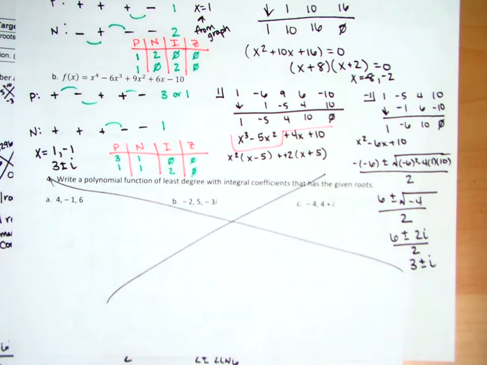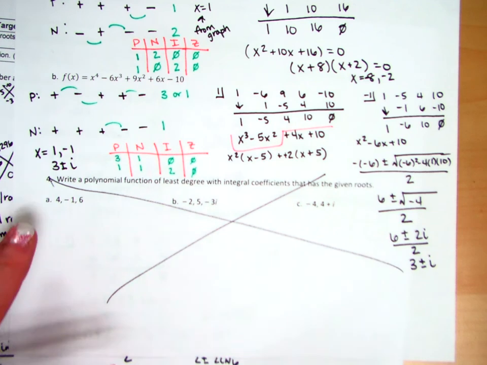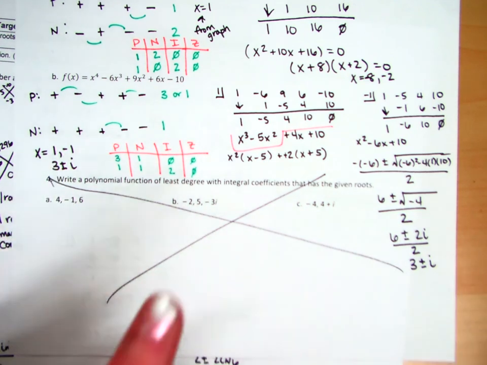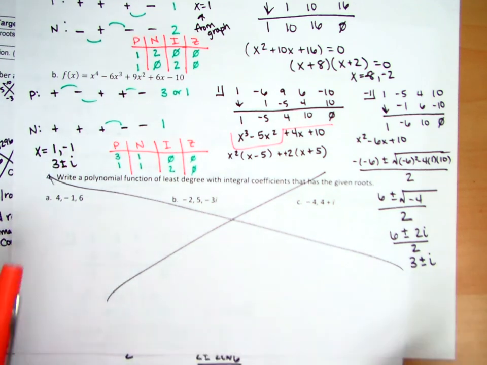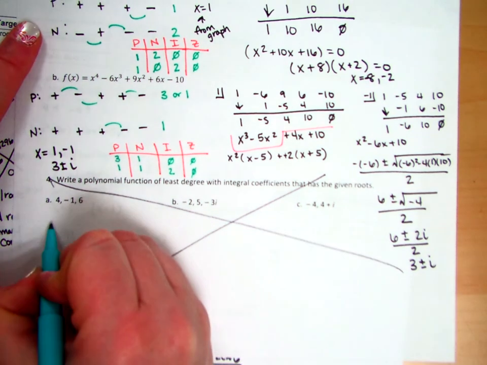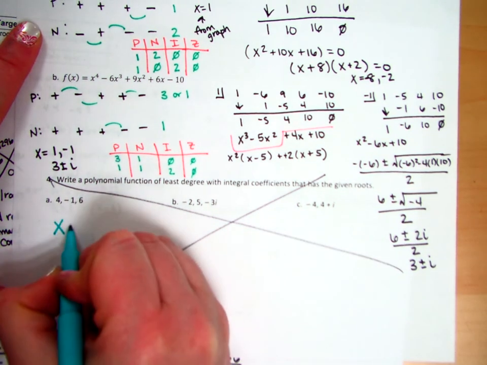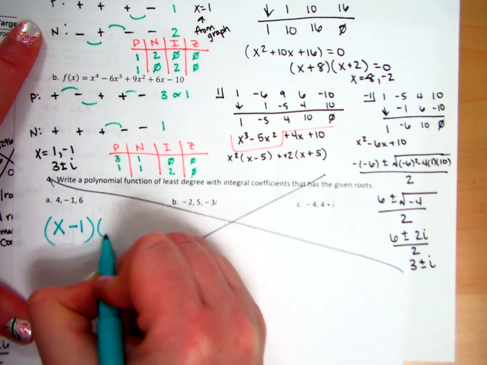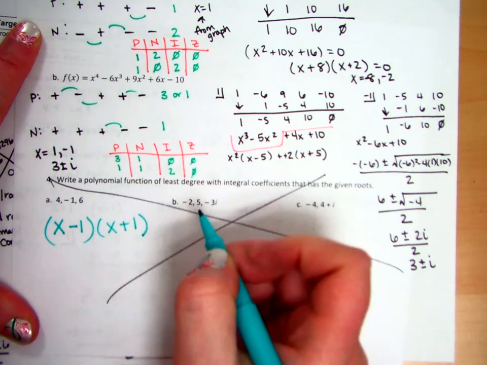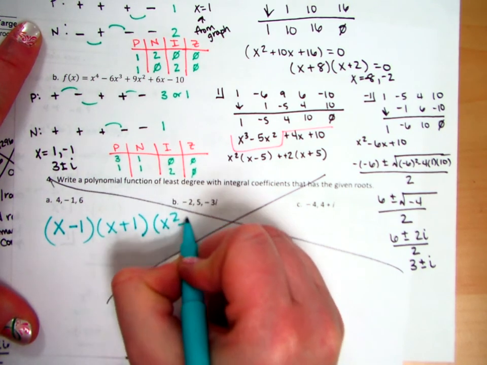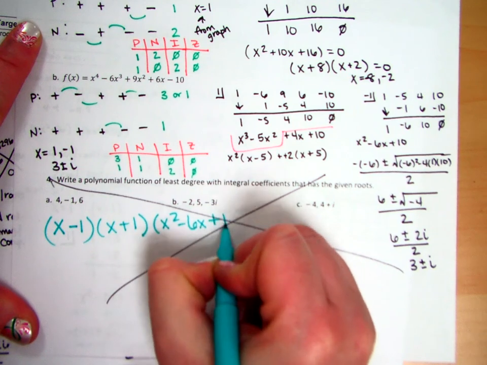Now, if it asks for all the factors, because we like to do that, so solutions, so factors, all the factors, I'm going to write those out in a different color. I don't have enough colors to do all this today. I am running out of colors. I'm going to write out x minus 1, x plus 1, and then x squared minus 6x plus 10.